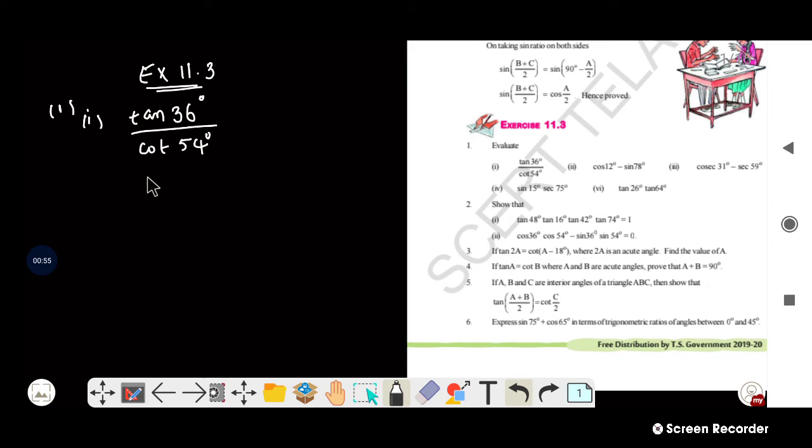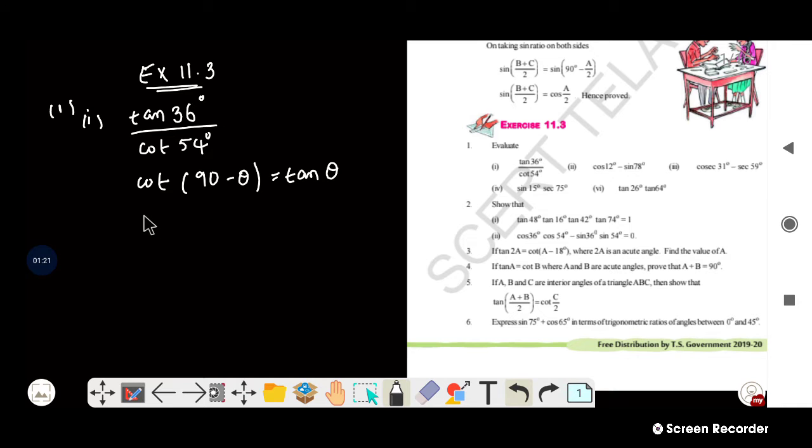We have one formula. Every time you can use that. There is a cot 90 minus theta. Cot 90 minus theta is a tan theta. Okay. So now you can write this.